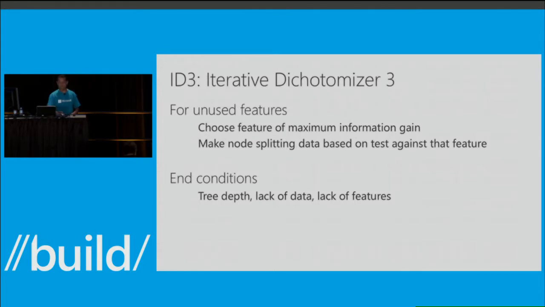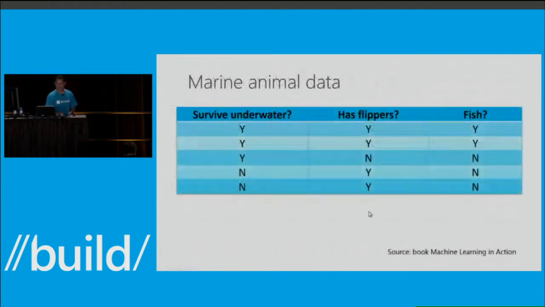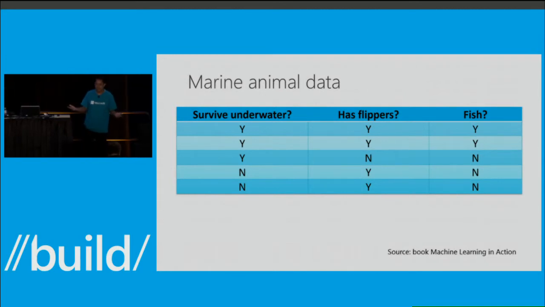Then make a node splitting your data according to the feature that gives you the maximum information gain. And continue until you have a tree with the depth that you need, you use all the data, or you don't have more features. Of course, the first time I read this algorithm, I was thinking, this is crazy, I don't understand this. So let's go through an example.